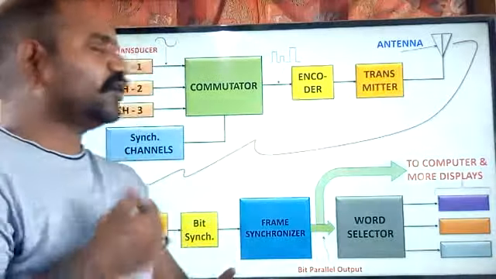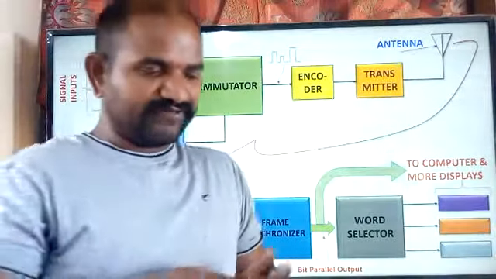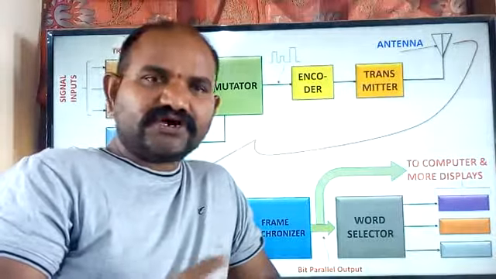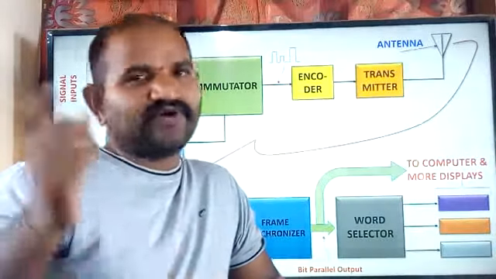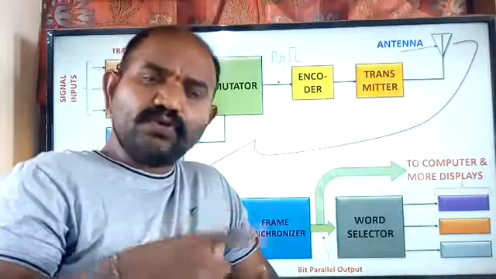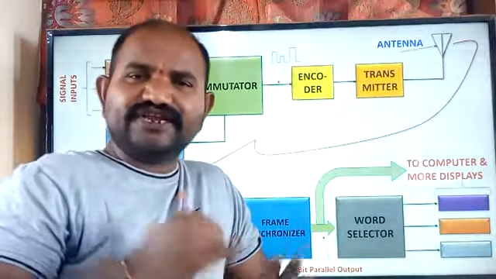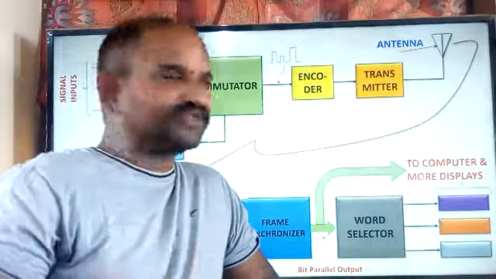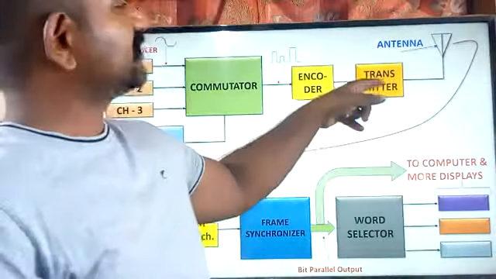In pulse code modulation, the information sampled by the commutator is not transferred in the pulse format. It is encoded into the binary format, binary 0 and binary 1, and that binary information is transferred using the transmitter.